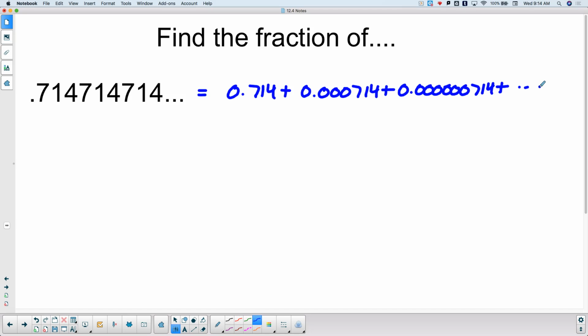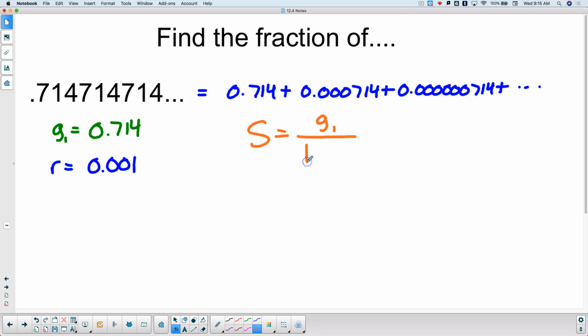Okay? So that gives me a first term of 0.714. That gives me an R value of 0.001 or 1,000ths. Okay? It is an infinite geometric sum.